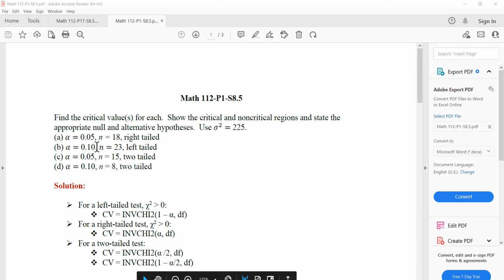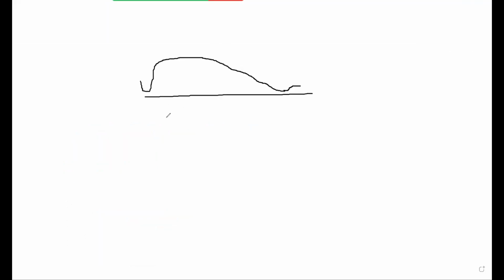All right. So part A, it says that alpha is 0.05, n is equal to 18, and we have a right tail test. So what that means is we have a distribution. Remember, chi-squared starts at 0 because we don't have negatives. And we know that we have a right tail test.